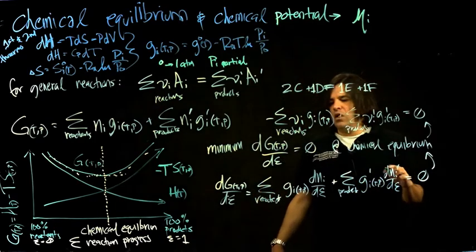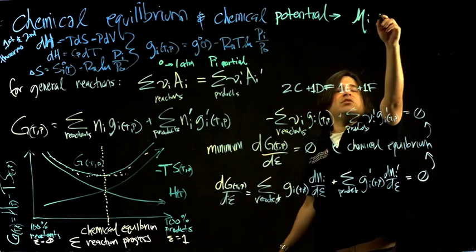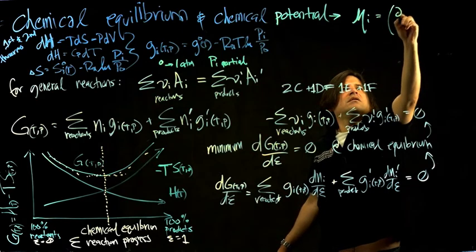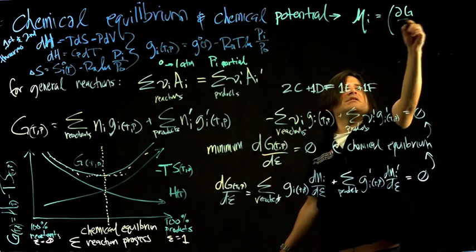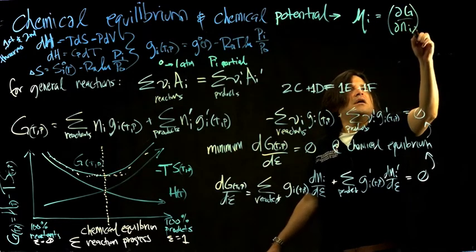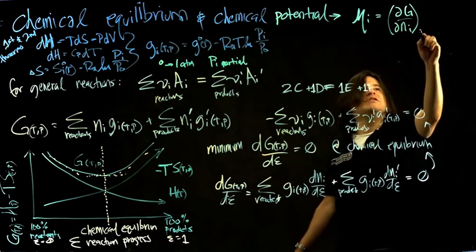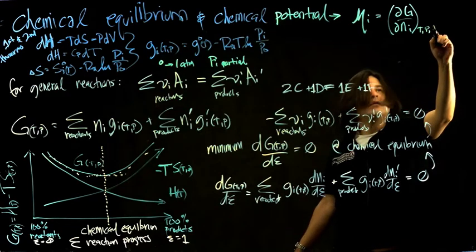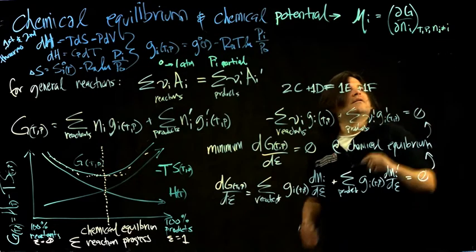It's related to this discussion of the reaction progress. It's the delta G of the system with respect to the change in moles of this component when everything else is constant. So for a constant temperature, pressure, and keeping the other moles the same that are not i.